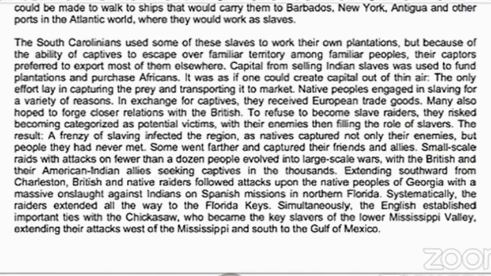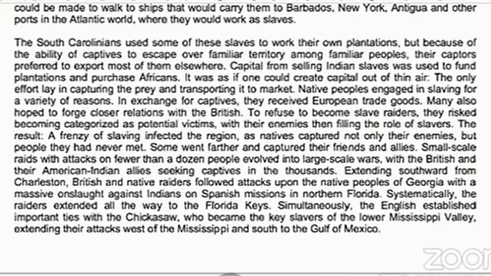Extending southward from Charleston, British and native raiders followed attacks upon the native peoples of Georgia with a massive onslaught against Indians on Spanish missions in northern Florida. Systematically, the raiders extended all the way to the Florida Keys.